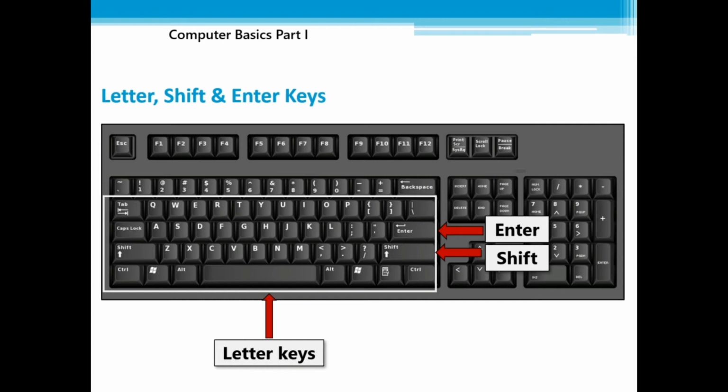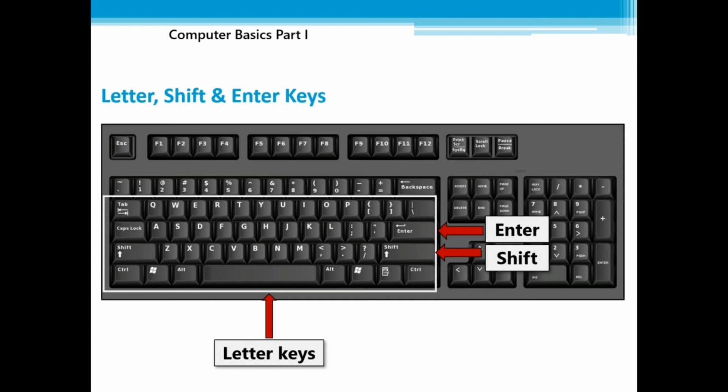Now after you type some information you need to do an enter. So if you're doing word processing, you would type your sentence and you would hit the enter key to go down to the next line.